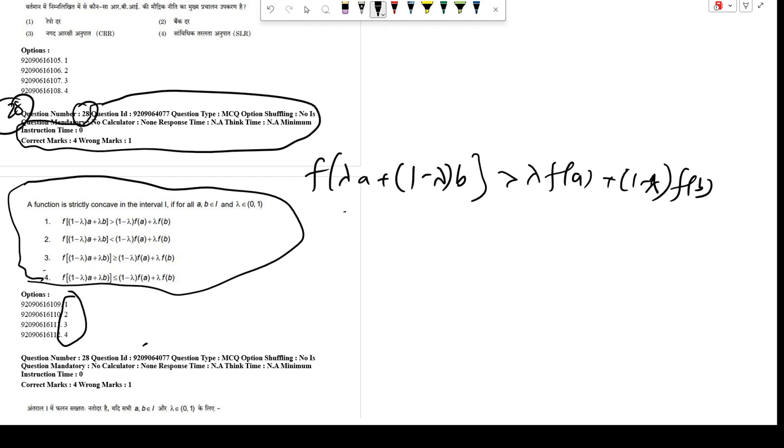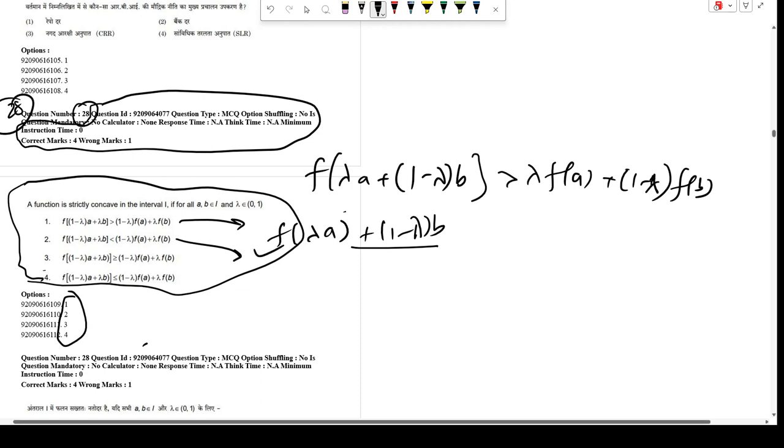Option 1 is incorrect because the correct one should be f of lambda a plus 1 minus lambda into b, but here b is given as a separate part, so this is wrong. Going by the second, option 2 shows the strict concavity of the function and it is the correct one. Option 3 is incorrect because here it is f of 1 minus lambda, but it should be lambda a and 1 minus lambda b.